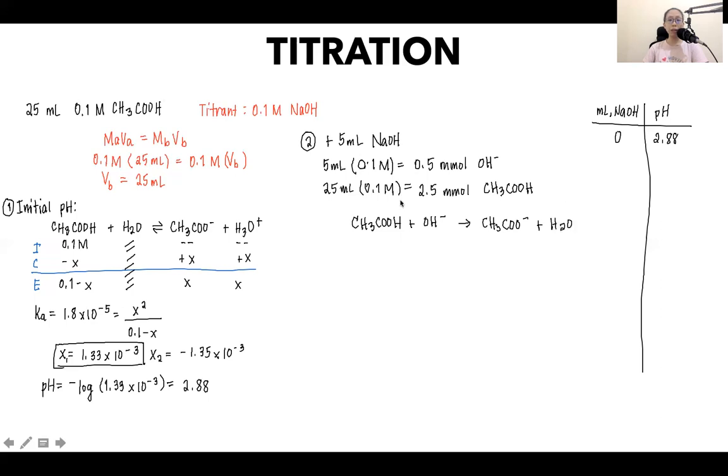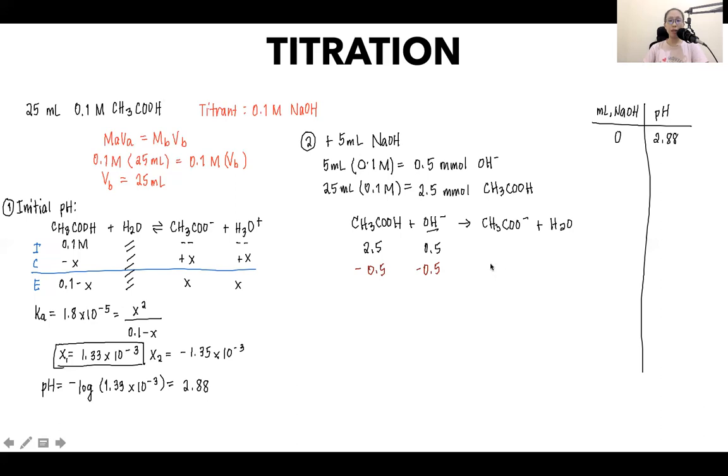Now, our limiting reagent in this case is the hydroxide because we only have 0.5 millimole of hydroxide, but we have 2.5 millimole of the acetic acid. So what will happen is all of this 0.5 millimole of hydroxide ions will neutralize 0.5 millimoles of our acetic acid.